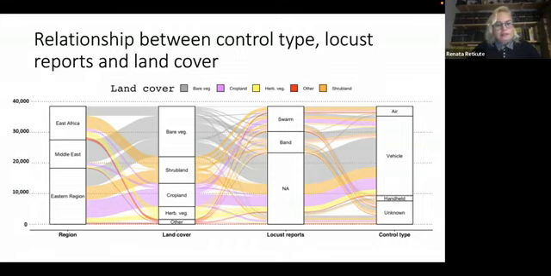We found, for example, that 45% of all aerial controls in East Africa were done on shrubs, and overall 95% would be in bare vegetation, shrubs, croplands, or herbaceous vegetation.